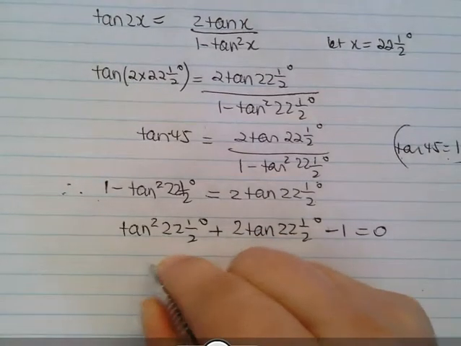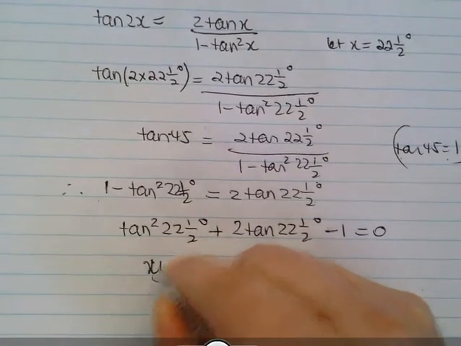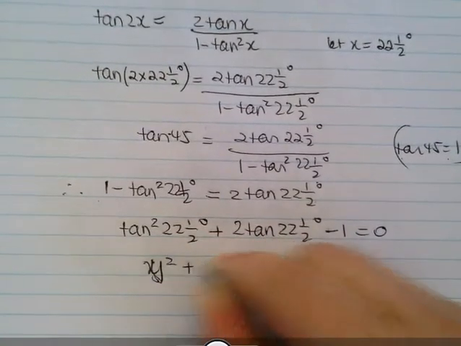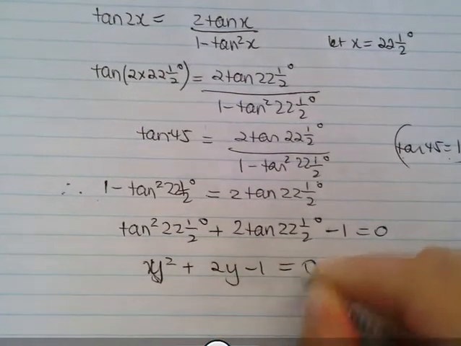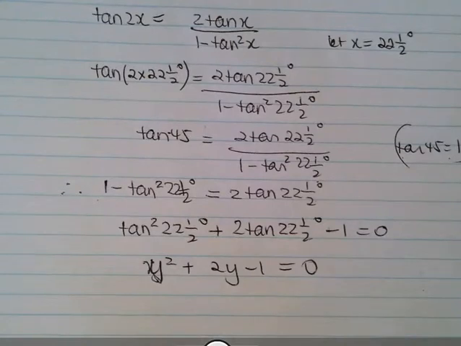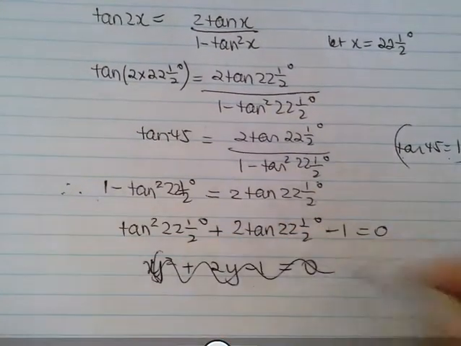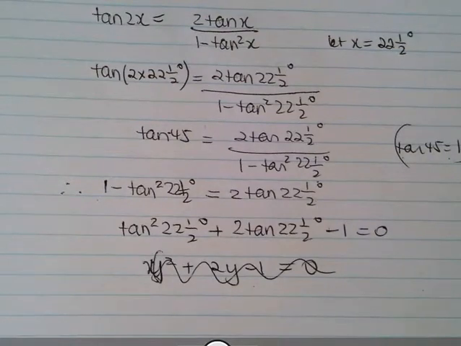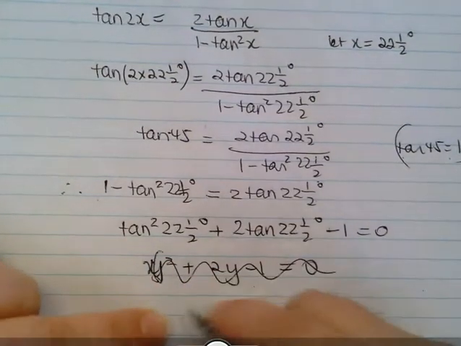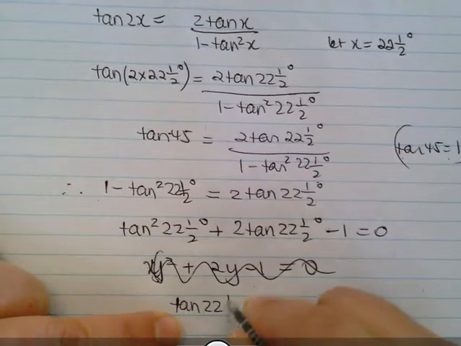Now, let's just write it and I'll do it as y squared. Y squared plus 2y minus 1 equals 0. Can you factorize it? No, you can't. It'd have to be a plus 1. So you can't factorize that. So we're using the quadratic formula where x is tan of 22.5 degrees.